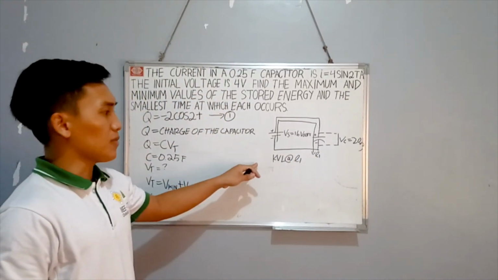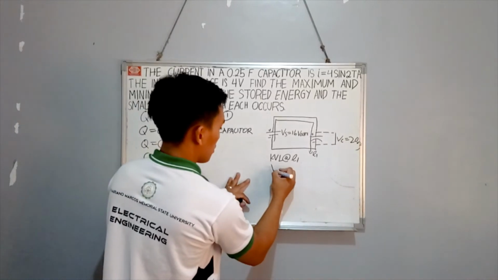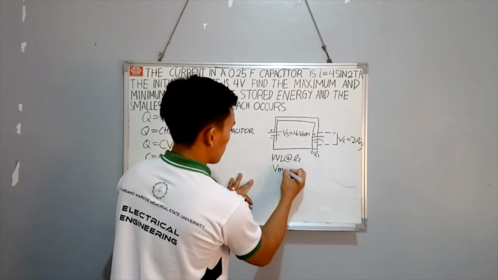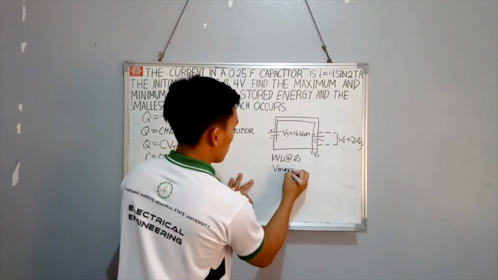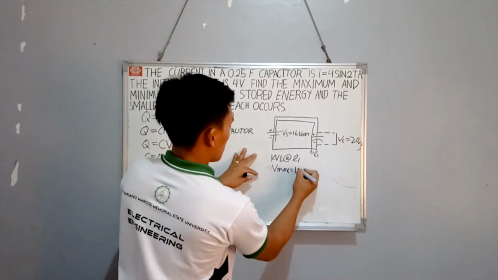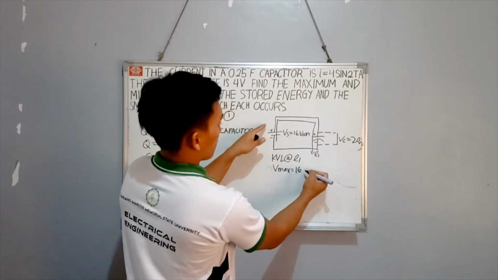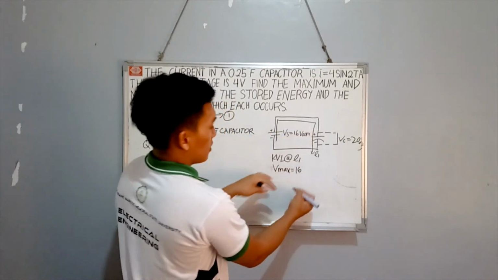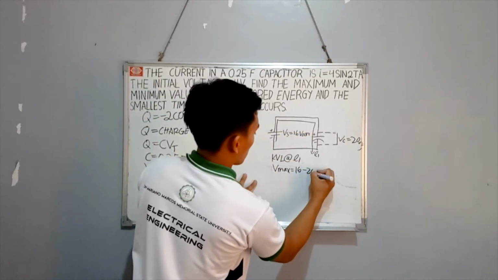To get the voltage at maximum, from negative to positive, positive 16 volts, and from positive to negative, negative 20 volts.